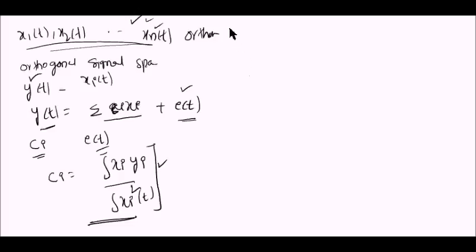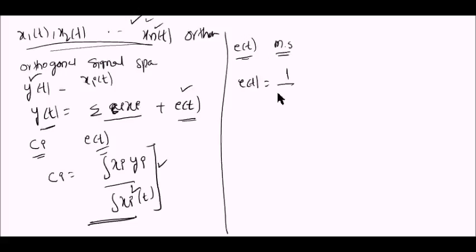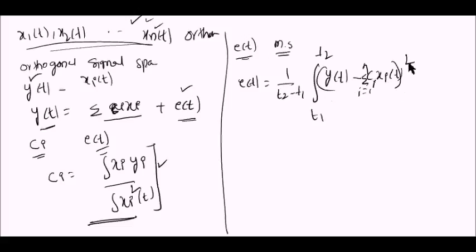Now what we have to do is find the error function e of t, or the mean square error that we saw previously. The mean square error of e of t equals 1 by t2 minus t1, integral t1 to t2, of y of t minus the summation of ci into xi, i equals 1 to n, whole square.